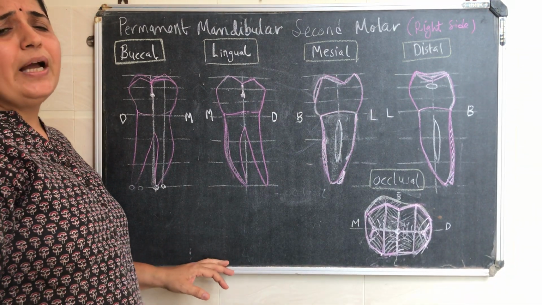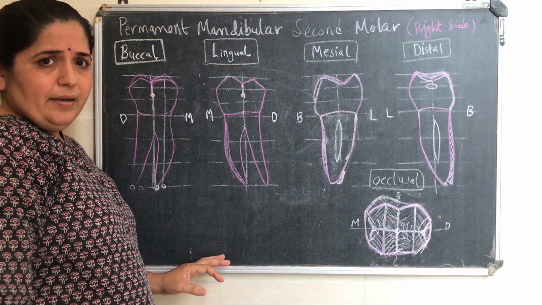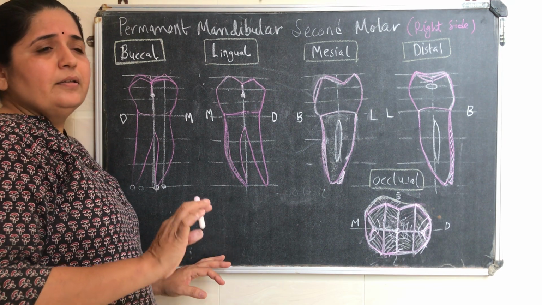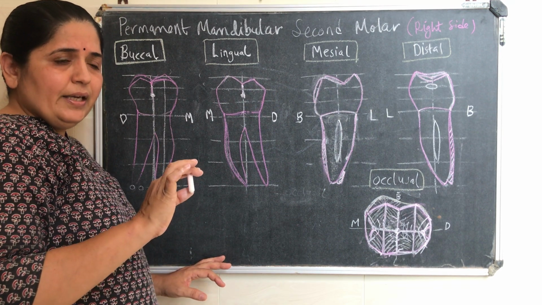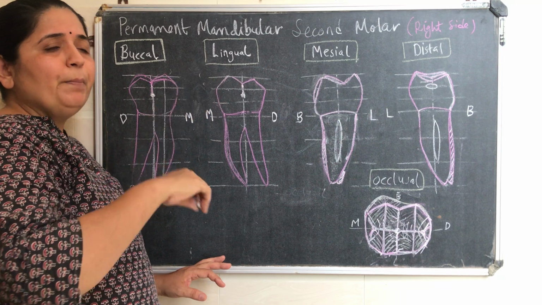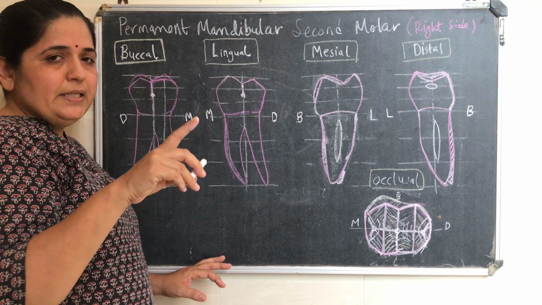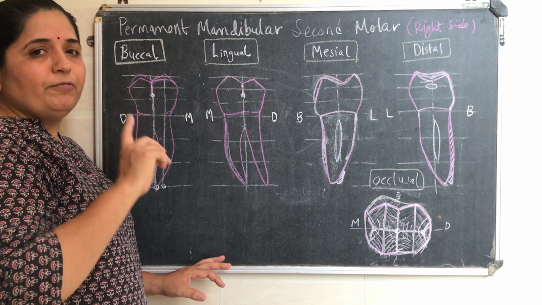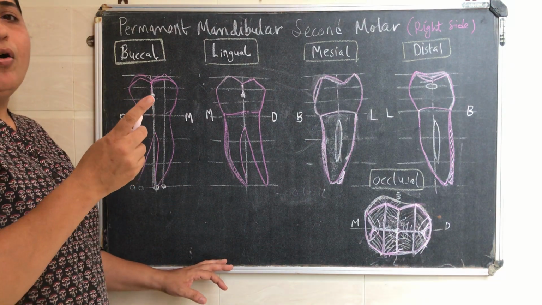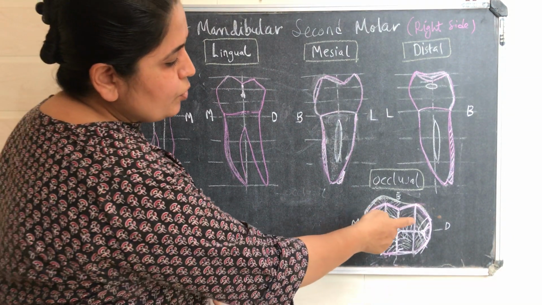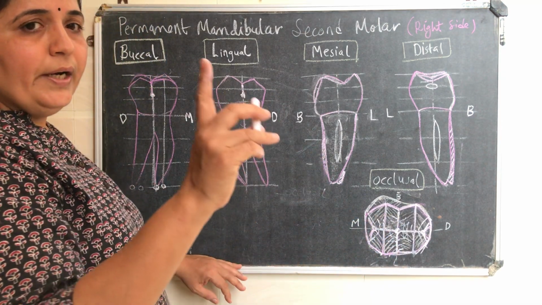The steps for carving remain the same. The only difference in carving is you have to prepare 4 cusps instead of 5 cusps, and one less groove.